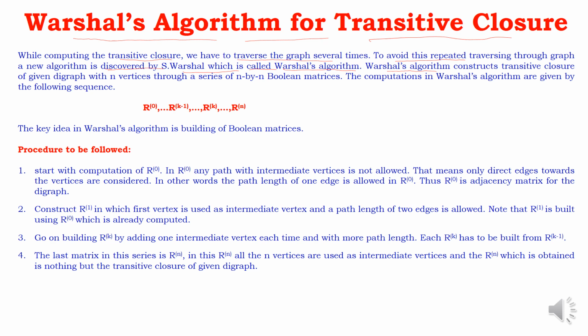Warshall's algorithm constructs the transitive closure of a given digraph with n vertices through a series of n by n Boolean matrices. The computations are given by the sequence R0, ..., Rk minus 1, Rk, up to Rn, which are said to be ranking matrices.